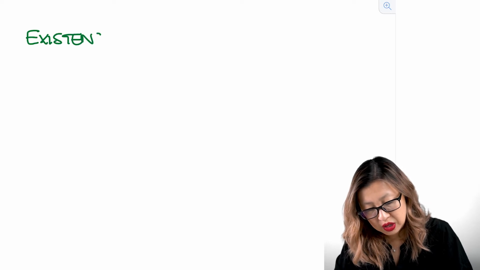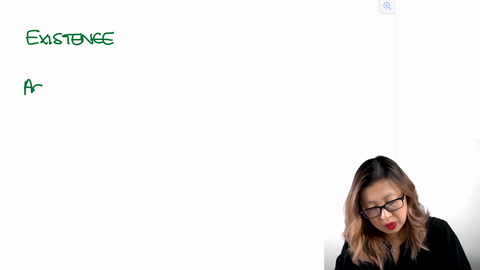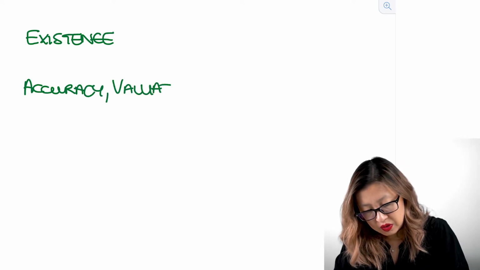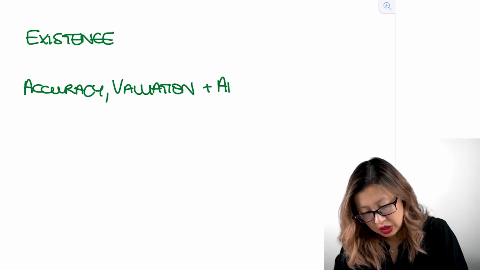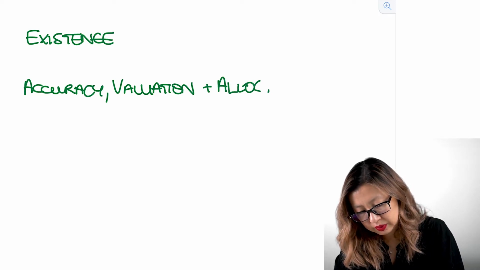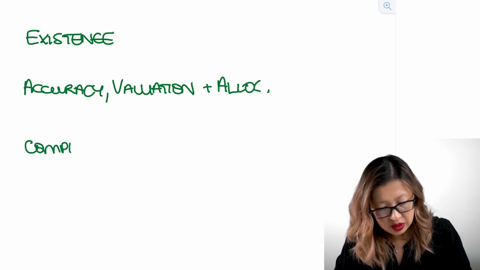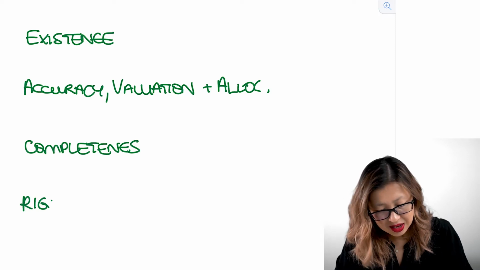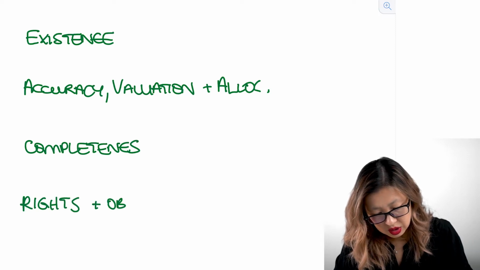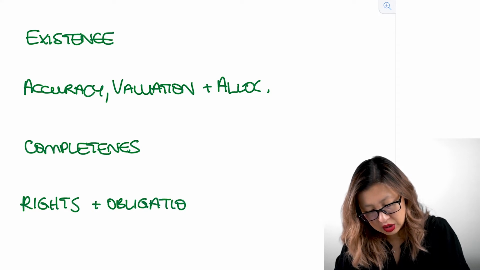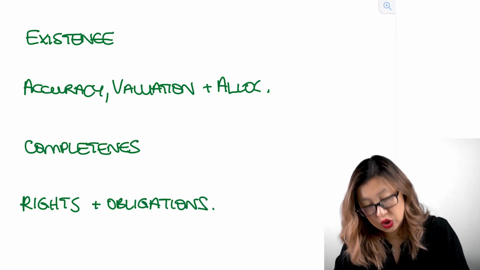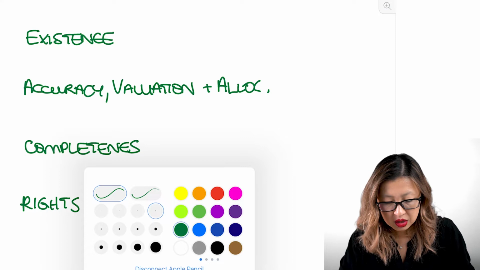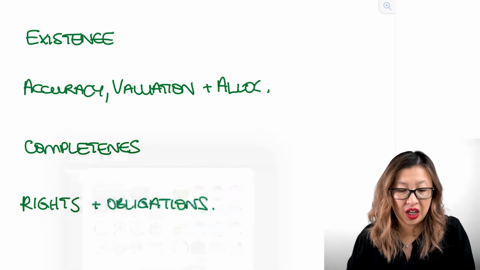So we have the existence assertion we need to worry about, the accuracy, valuation, and allocation assertion, the completeness assertion, and the rights and obligations assertion. Okay, so for existence, we need to prove that these accounts receivable actually do exist.